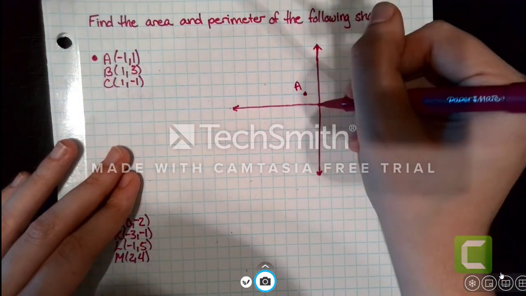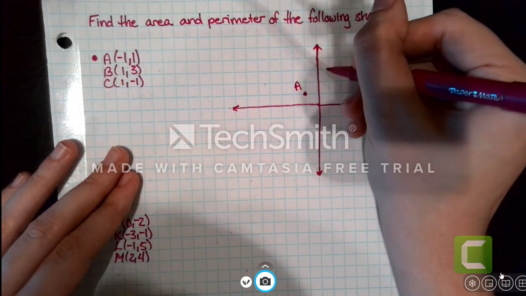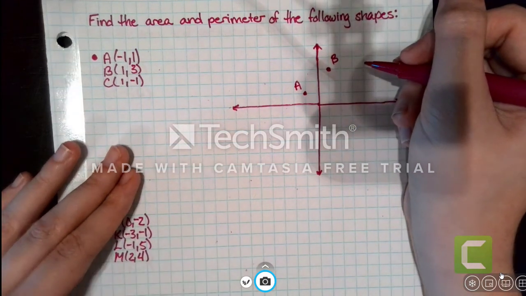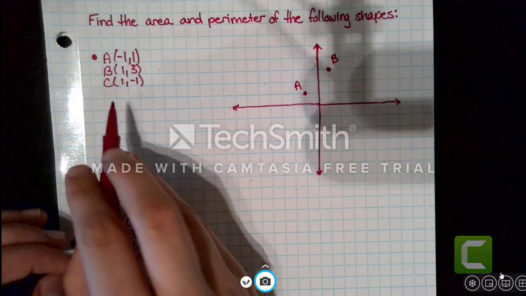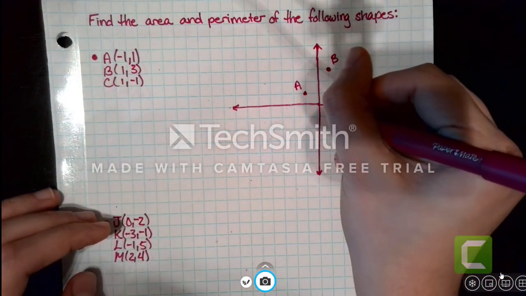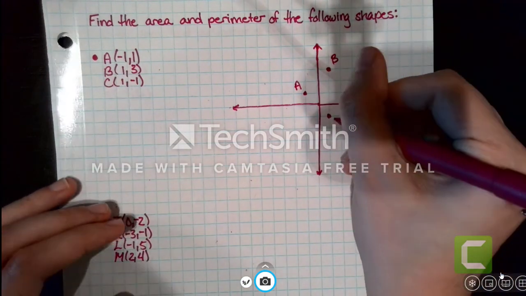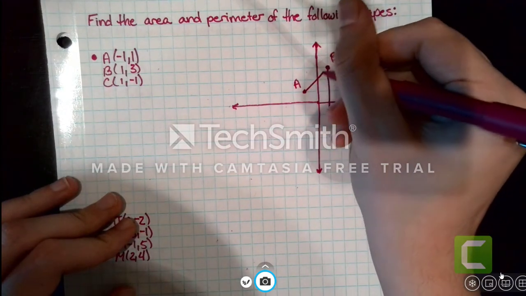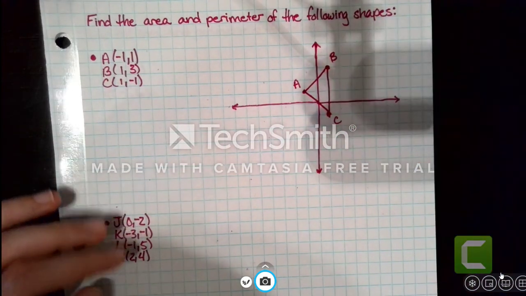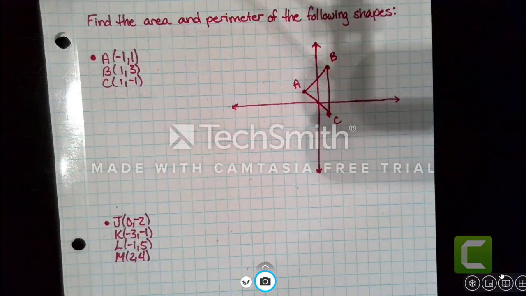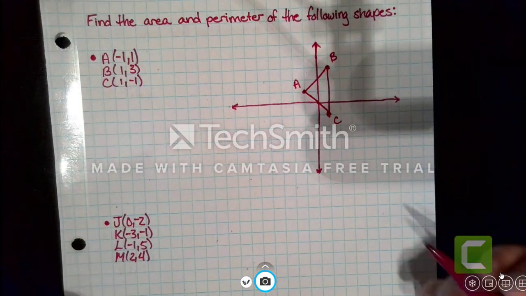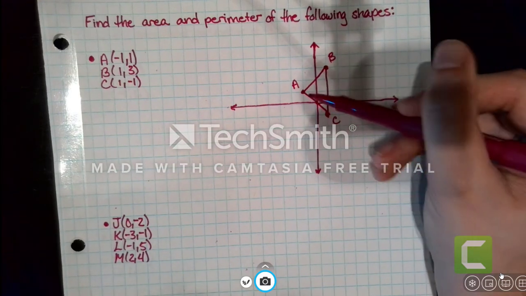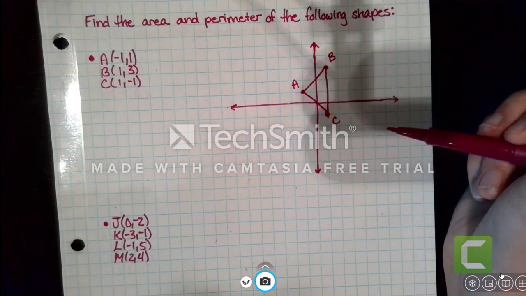B is at 1, +3, so top right quadrant of your graph. And C is 1, -1, so bottom right quadrant of your graph. This right here is your graph shape. So we're working with a triangle, which means we're going to be working with the area as 1/2 base times height and summing every side.